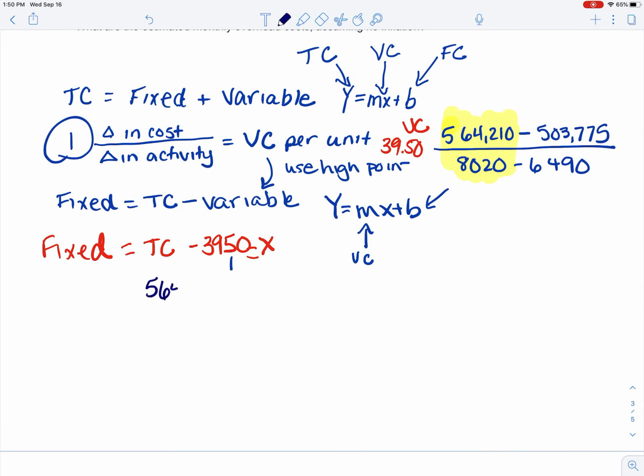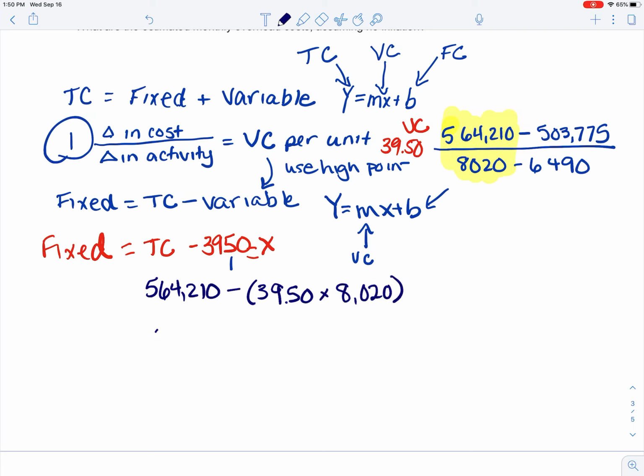My total cost is 564,210 minus my variable cost, which is $39.50 times the activity, which is 8020.